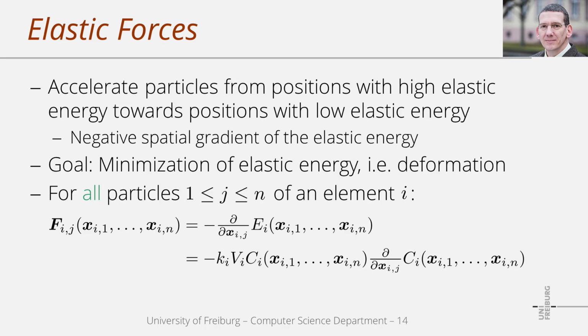The energy can be written as 0.5 times stiffness times strain squared times volume, which means that the partial derivative can be written as minus k times v times c times the partial derivative of c with respect to the position xij. This force accelerates particles into the direction of the negative gradient, which means we realize the largest possible decrease in the elastic energy, and the particles are accelerated towards rest state positions.